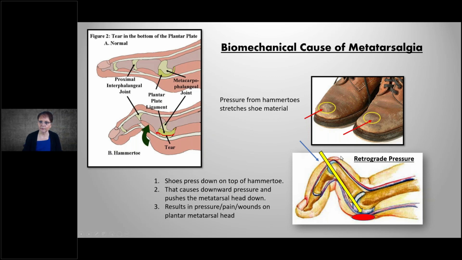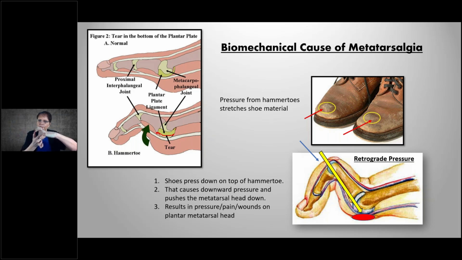What happens? When that's up in the air like that, and it's hitting the shoe on the top, the shoe is pushing down on that toe. Well, it's pushing down on two places. It's pushing down on the tip of the toe, but it's also pushing down on the longer part of the toe, the proximal phalanx.